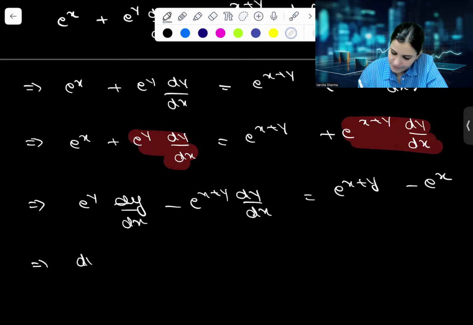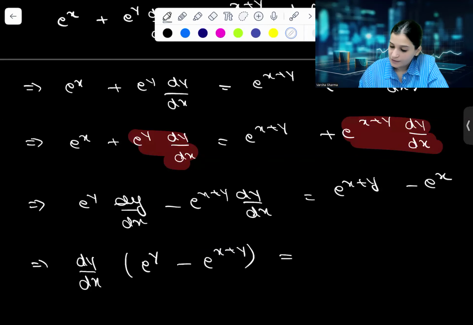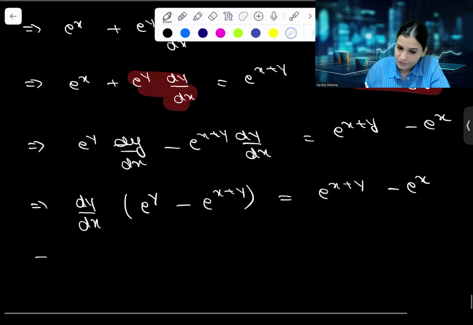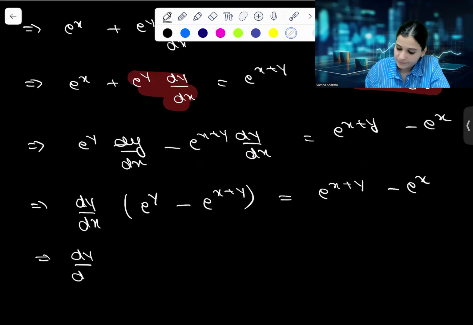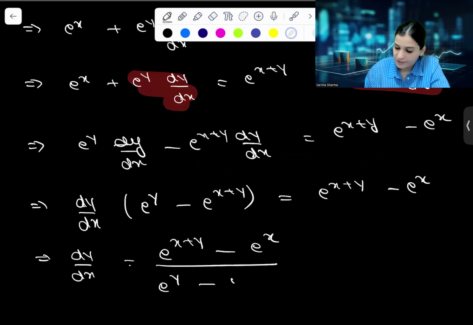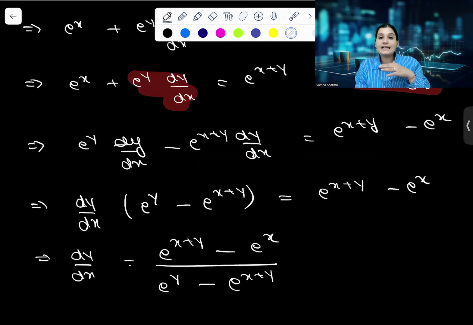So taking dy by dx common, e power y minus this, and this remains as it is. So dy by dx will be e power x plus y minus e^x over e^y minus this. But what we have got is nowhere near the proof.